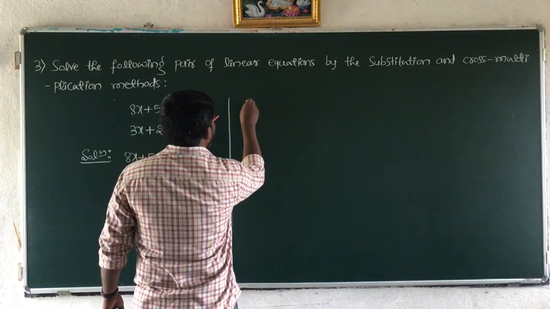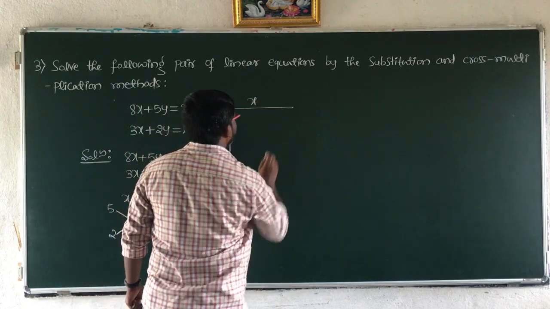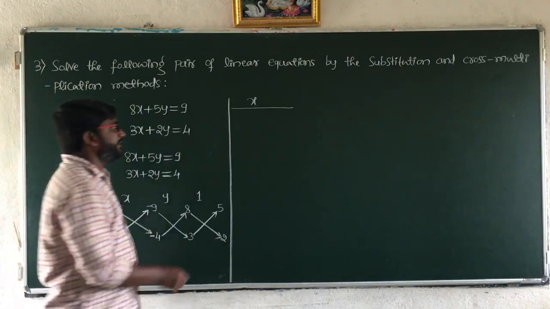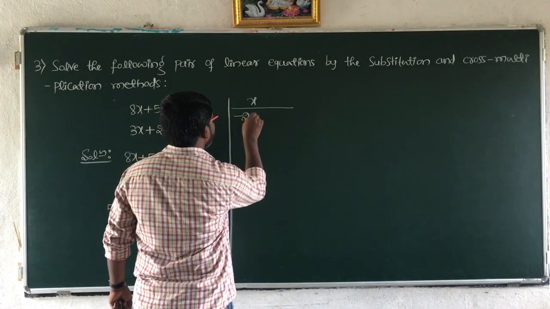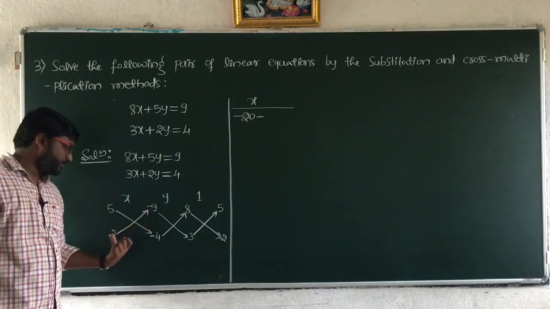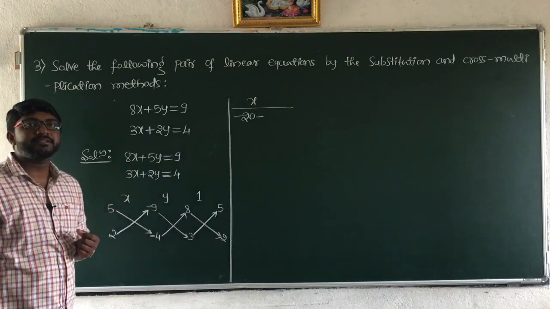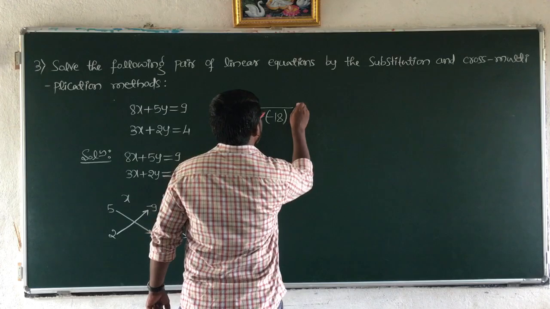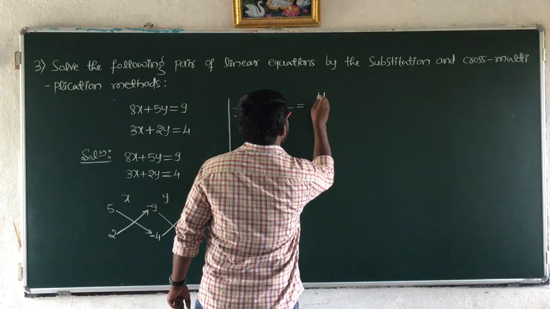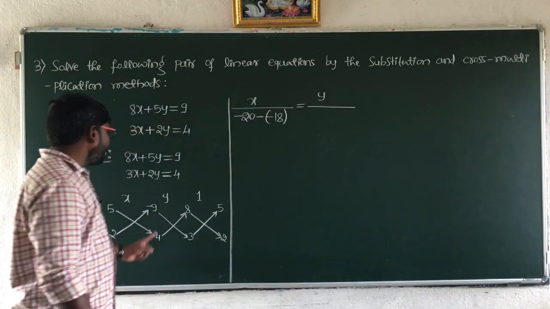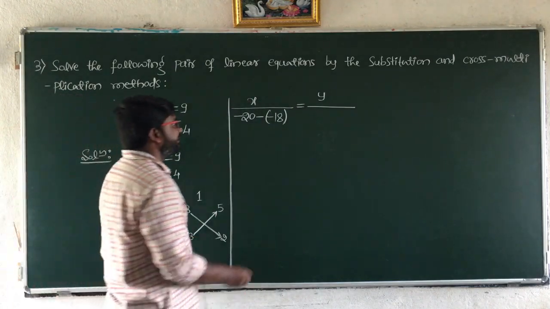So now x divided by 5 into minus 4 will be minus 20. Minus 20 then minus multiplication of these two. 2 into minus 9 will be minus 18. So we get minus 18, which is equals to y divided by minus 9 into 3 will be minus 27.